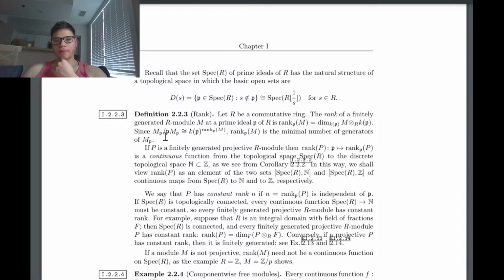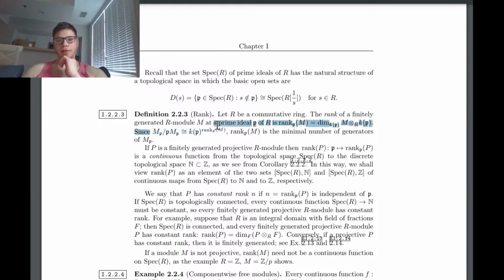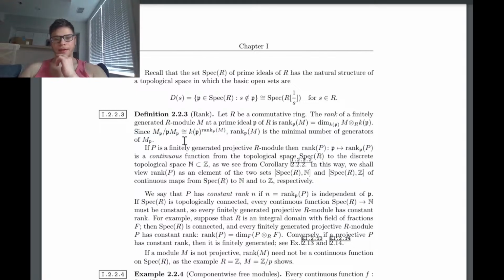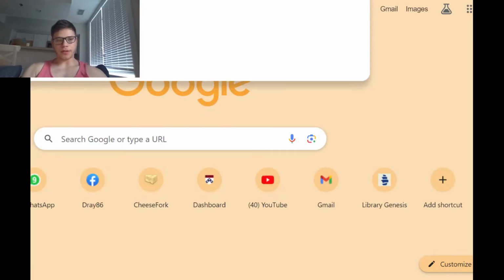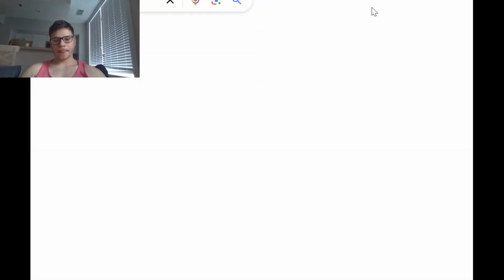Rank_P is the minimal number of generators of M_P, right? Because Nakayama tells you that if this is true, then M_P is generated by rank_P elements. Right, that is one of the formulations of Nakayama's lemma.